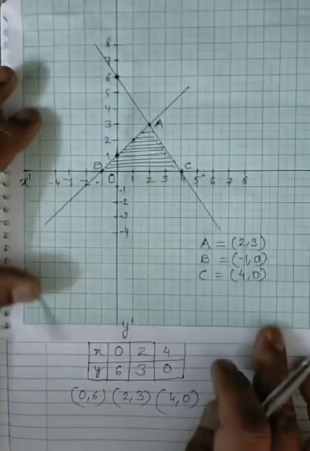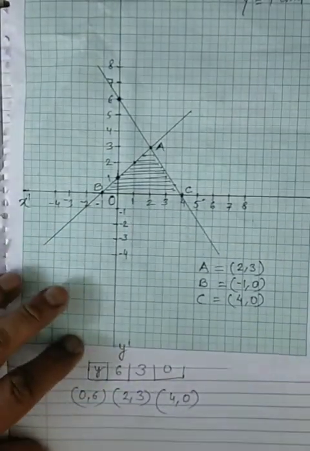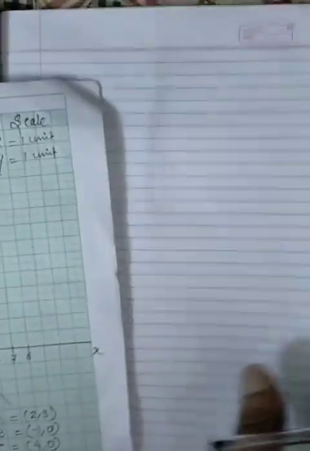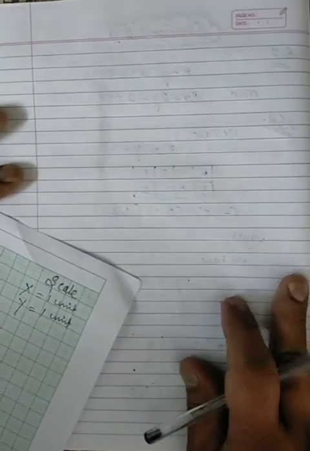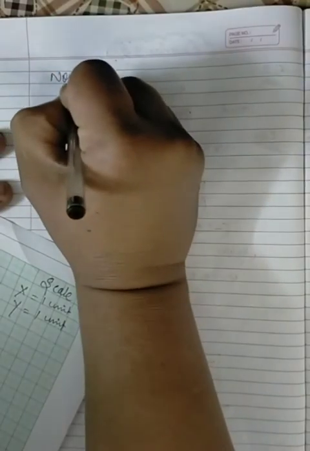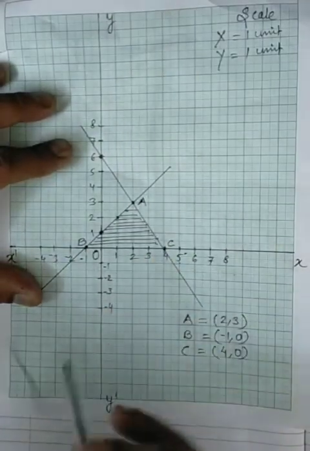Now children, in some cases it is asked in the examination to find the area of the triangle also. So here I am going to show you, if suppose you have to find the area of triangle also. It is not given in this question, but I am showing it to you. As you can see here, suppose you have to find the area of triangle ABC.